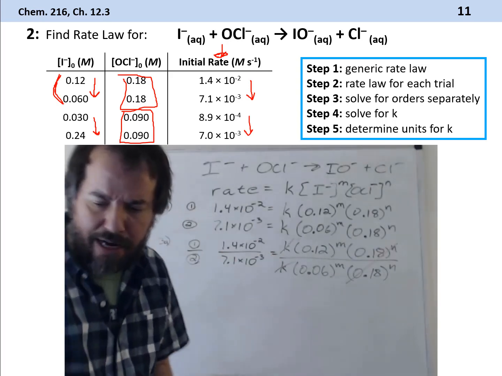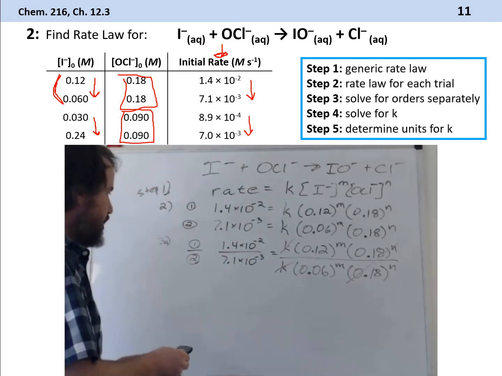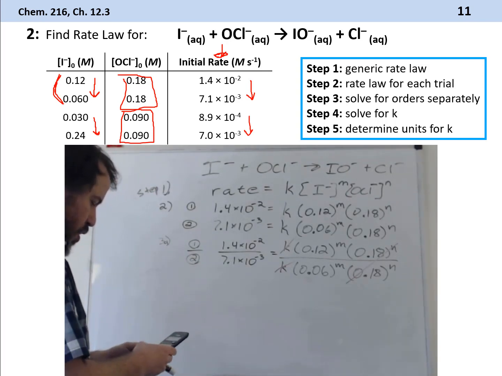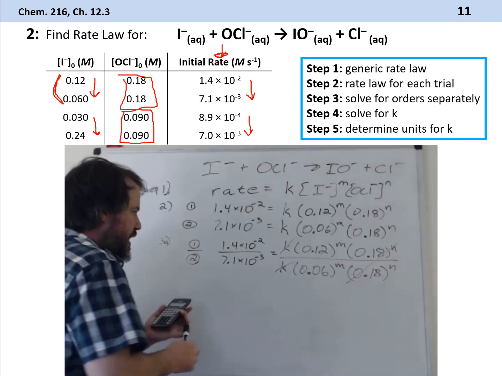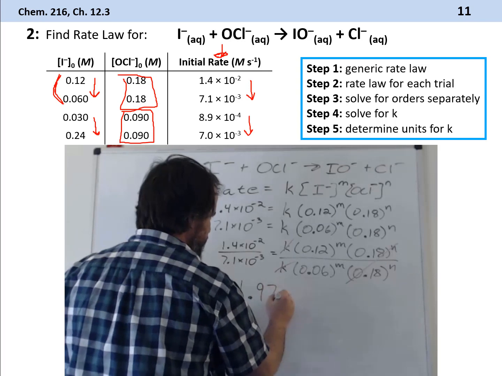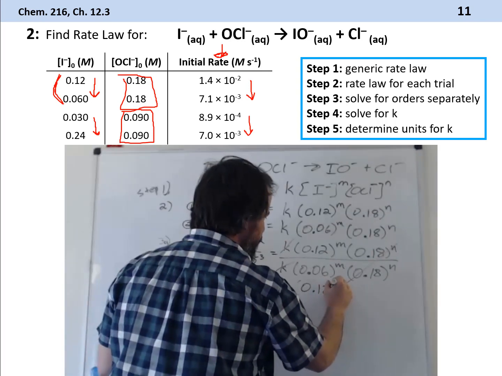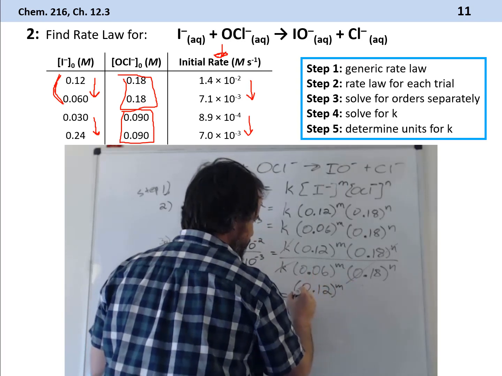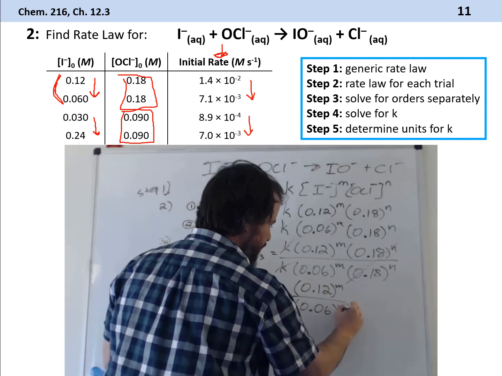So I can go ahead and use 1.4 times 10 to the minus 2 over 7.1 times 10 to the minus 3. This gets me 1.97. This is 0.12 to the m over 0.06 to the m.